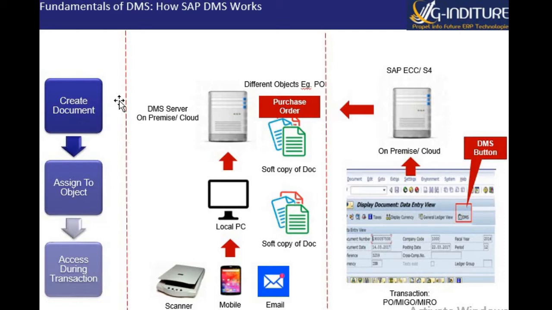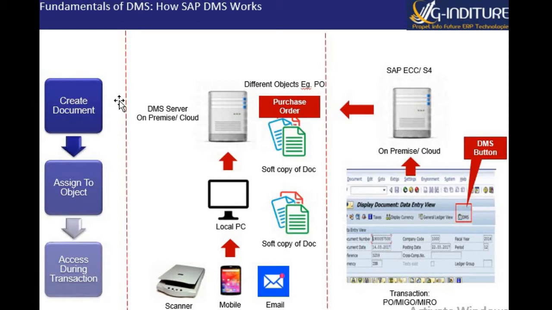Then you assign these documents to the various objects. Objects can be like a purchase order, requisition order, sales order, internal order, and there is a list of objects against which these documents can be assigned.